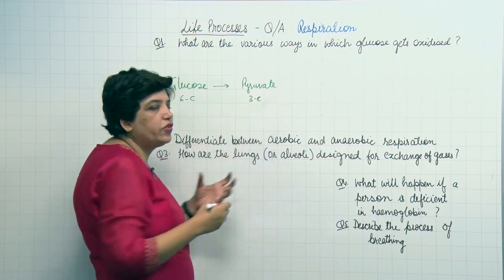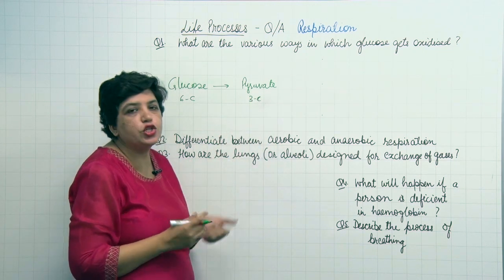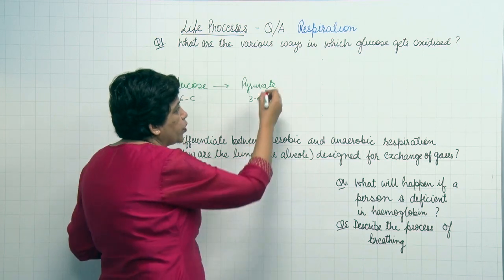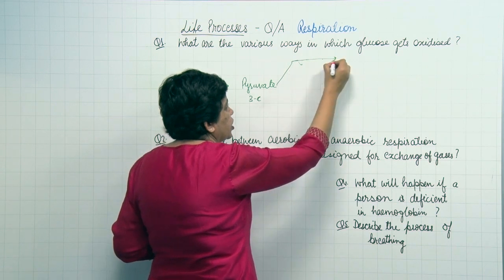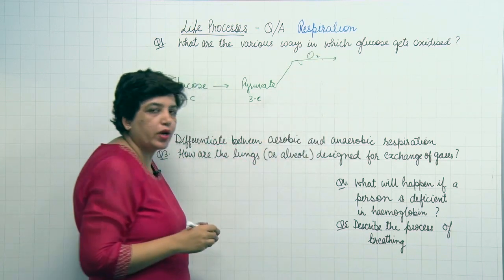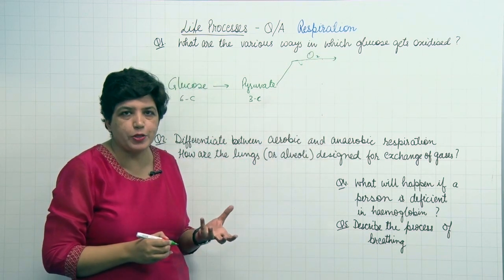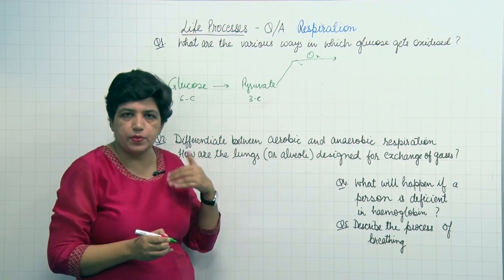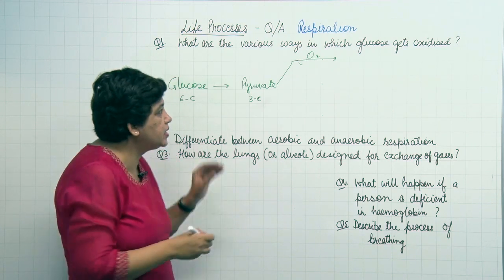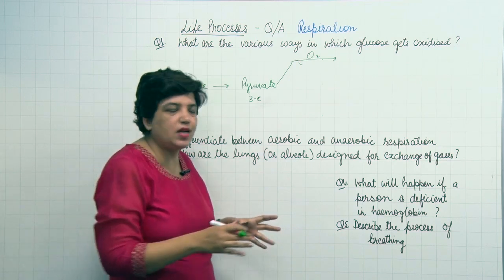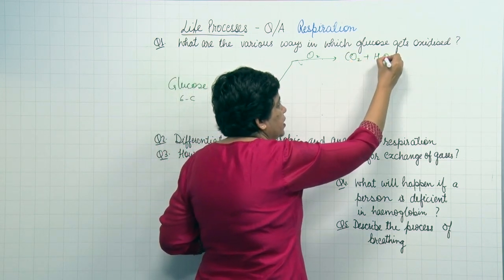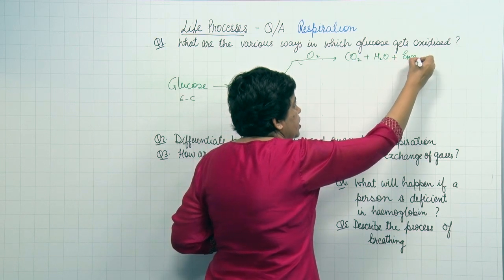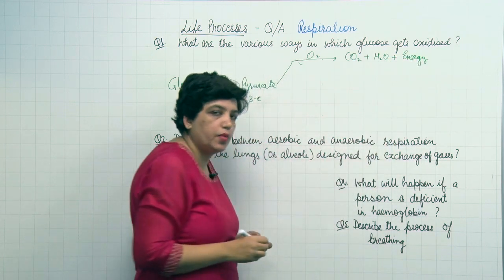Now, there are 3 ways in which this pyruvate gets oxidized or broken down. First is in the presence of oxygen. If an organism is undergoing aerobic respiration, like humans, then this pyruvate is completely broken down into carbon dioxide and water, and a lot of energy is released during this process.